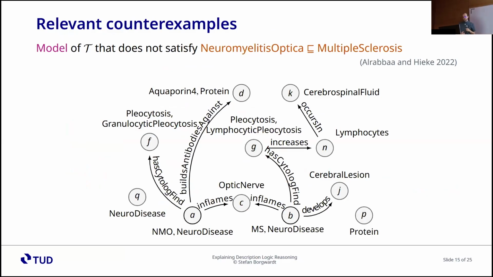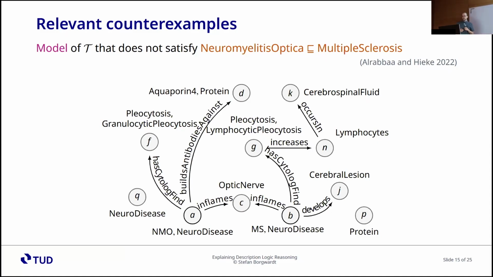For the first approach, there's an approach developed also in Dresden by Christian and Willi that basically says, okay, we want to have a counterexample, but we don't want it to be too large because the people will still have to look at it and try to understand it.